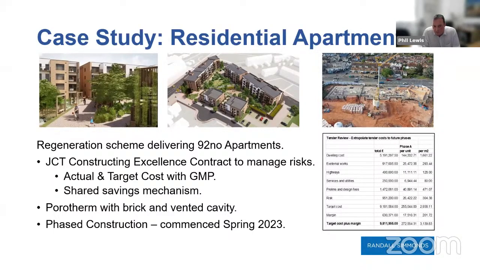We were able, therefore, to include the risk register as part of competitive tendering, and we've agreed the allocation of risks, and that means the contractor is much more comfortable in delivering the scheme.